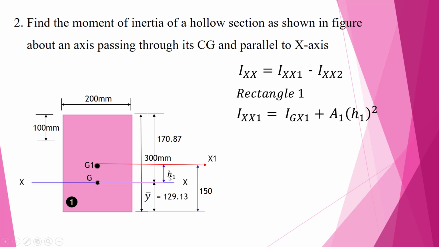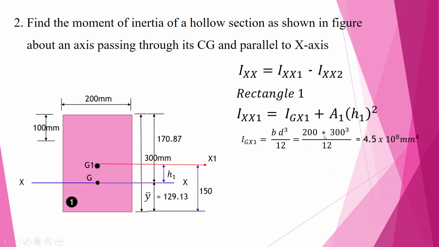Now how will you find out this distance h1? We know that the centroid of the rectangular section will be at a distance of 150 mm from the base of the rectangle, and we know this distance also, right? That is y bar equal to 129.13. So h1 will be equal to 150 minus 129.13. What is Igx1?